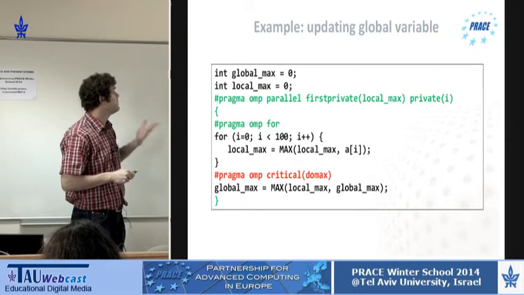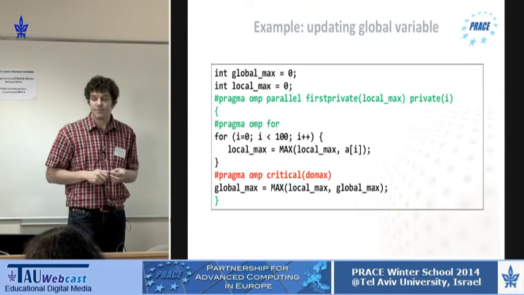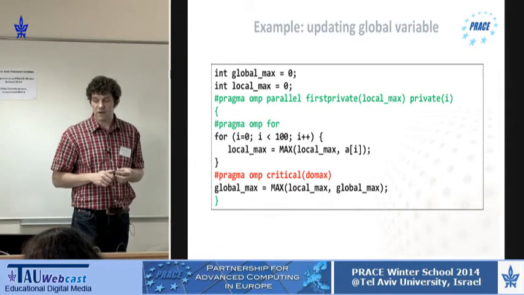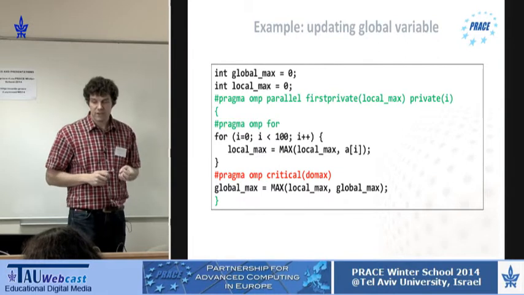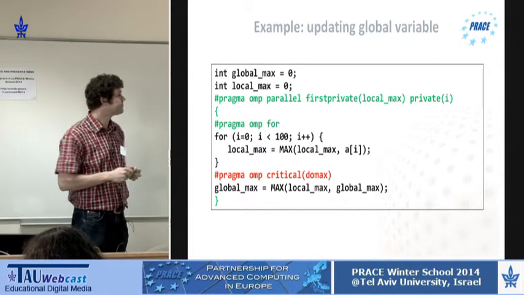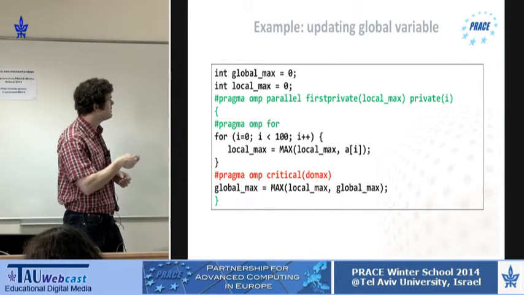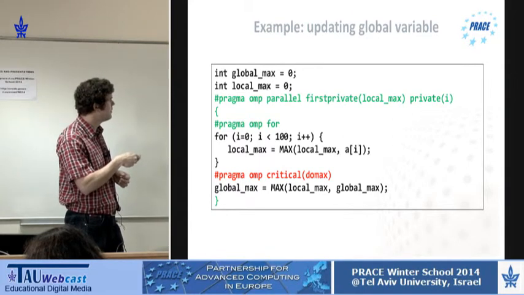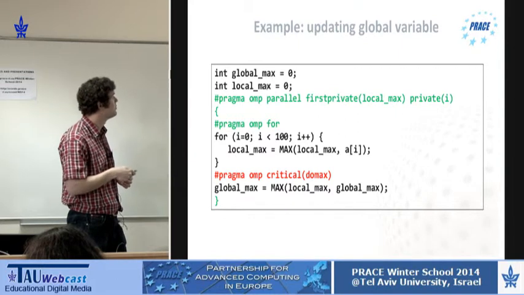Here is how you can update a global variable, once again using a critical section. So this is in principle how you can do the reduction for a maximum value.